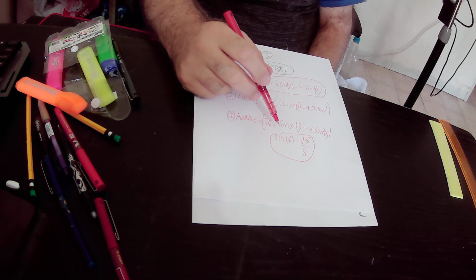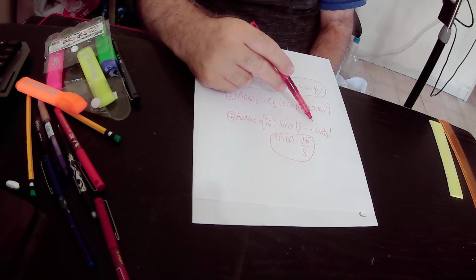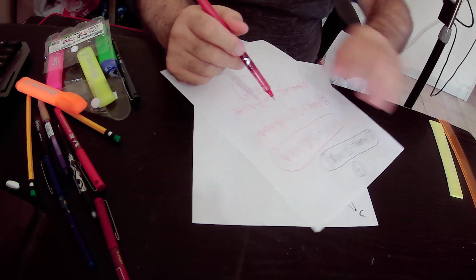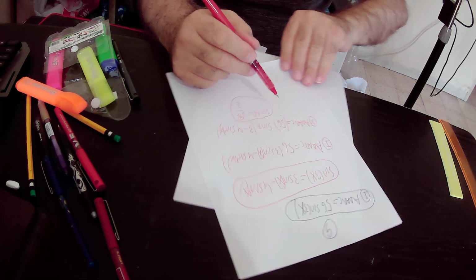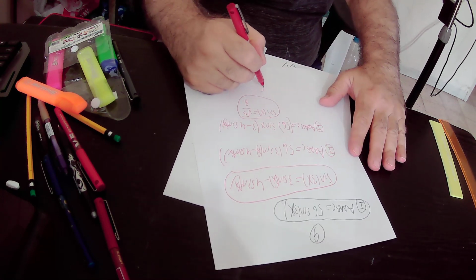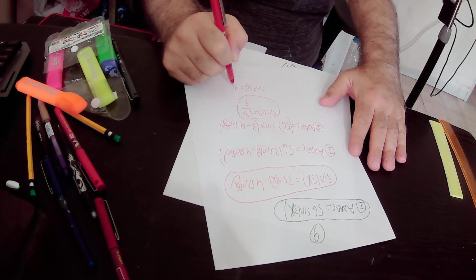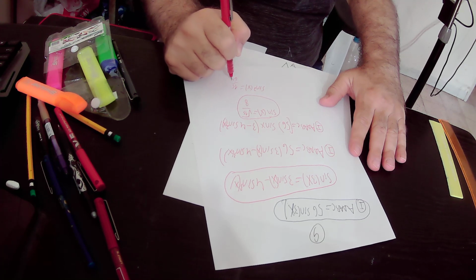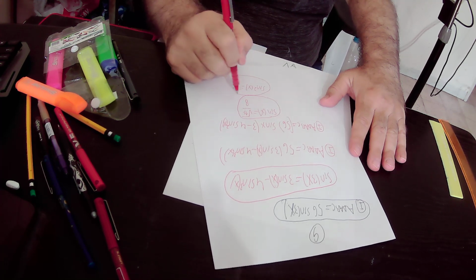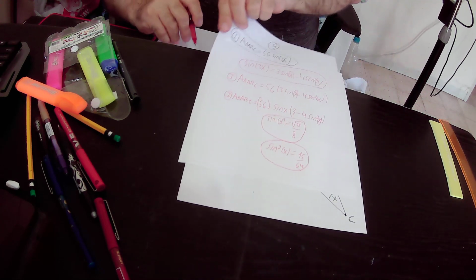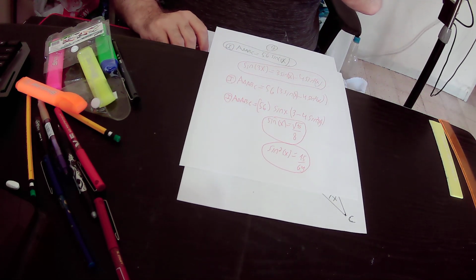We need the value of sine square x because we have here expression with sine square x. So sine square x will be equal to 15 over 64.